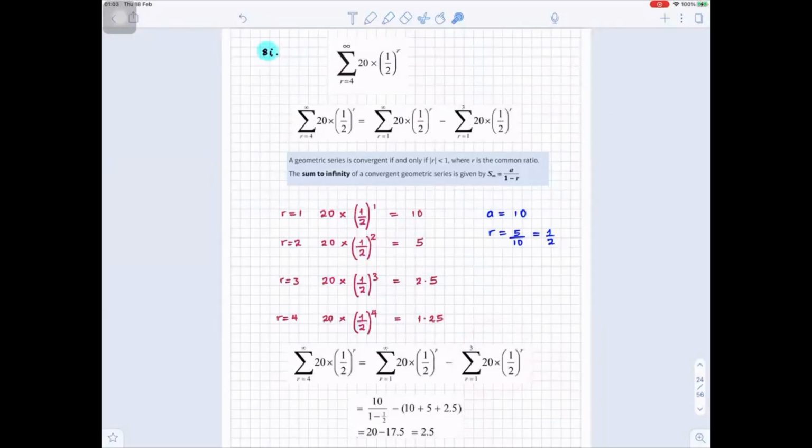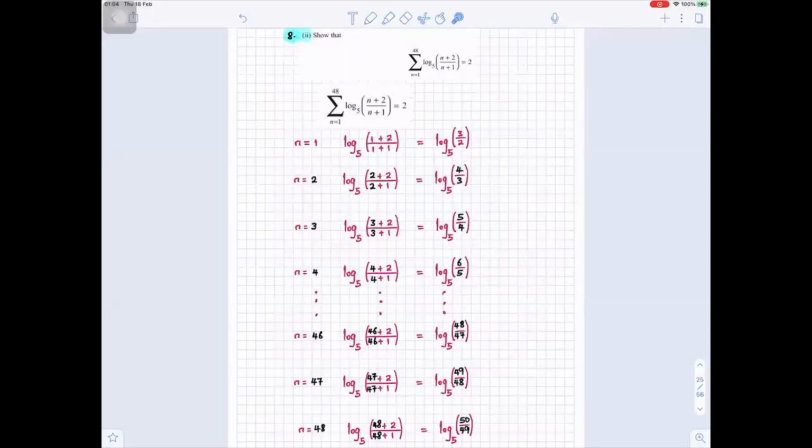We want to add 1, 2, 3. That's the sum from 1 to 3. Add these 3 together. So that will give you 17.5. So be 20. When you work all of that, you get 20 minus 17.5 gives you 2.5.